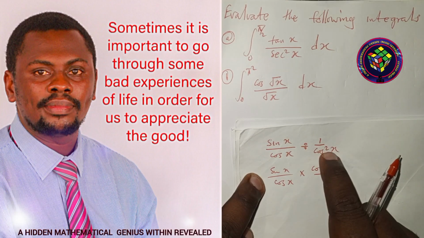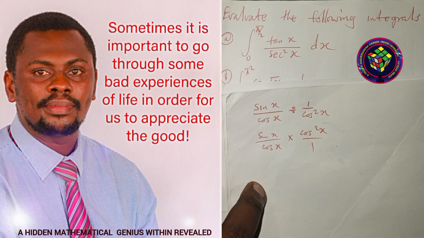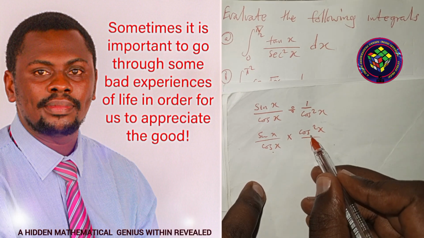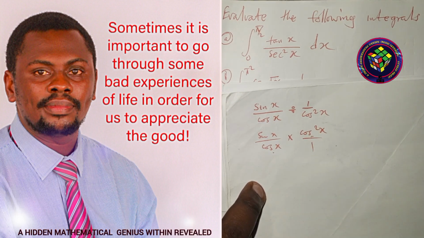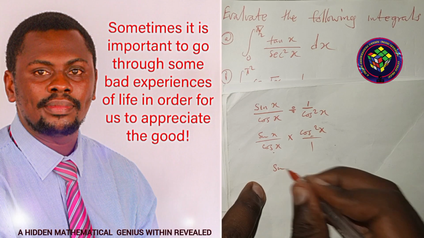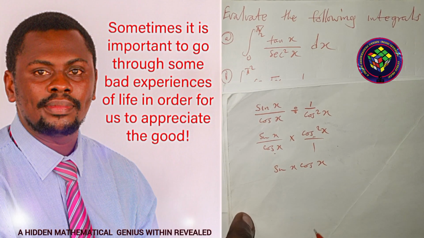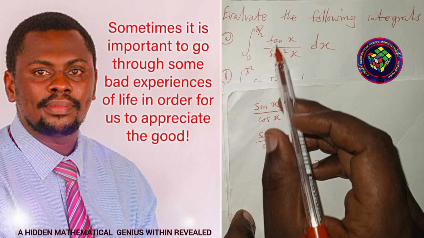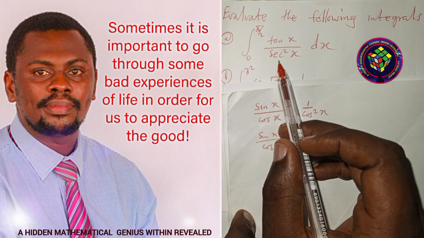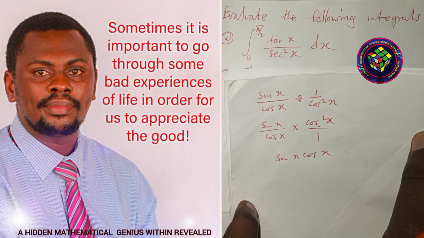So the fraction this side is supposed to be interchanged. The cos x can go into cos squared x, and we'll get cos x. So this becomes sine x cos x. In short, where we have tan x over sec squared x, we are going to have sine x cos x.